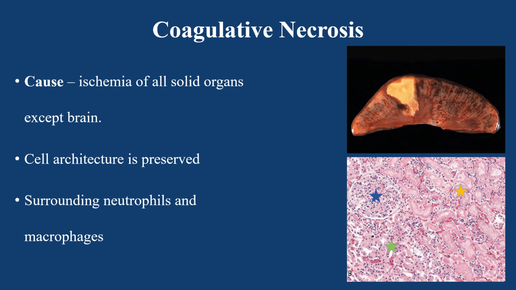So the nucleus fades away in necrosis, but the cytoplasmic architecture is preserved in coagulative necrosis. And whatever blue structures you are seeing on the right side are nothing but inflammatory cells, that is neutrophils and macrophages. But in the tubules on the right side, you can easily see there is no nucleus. That is just cytoplasm.